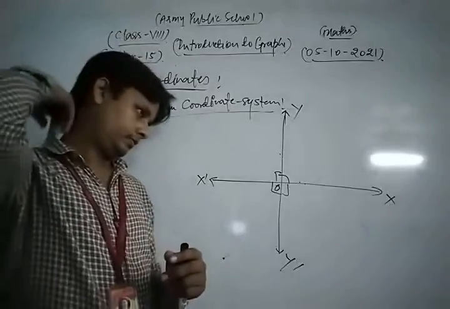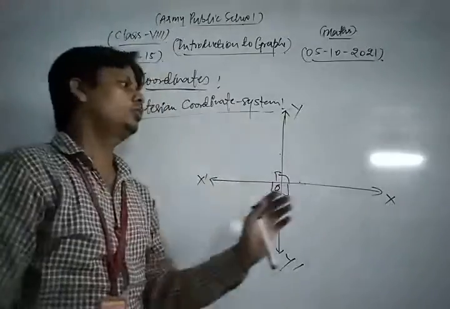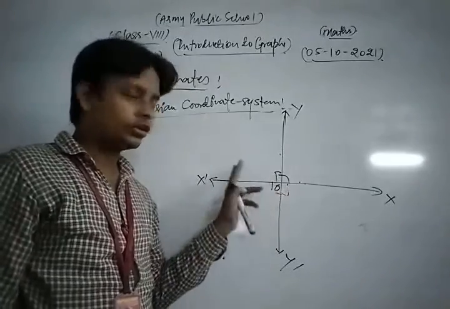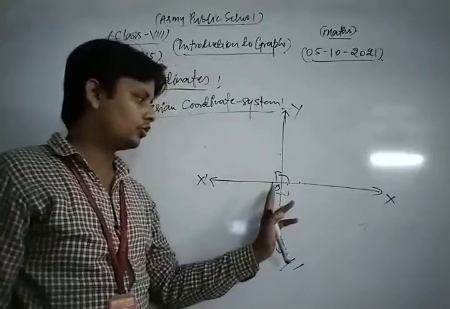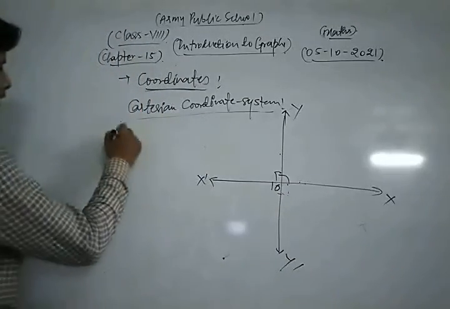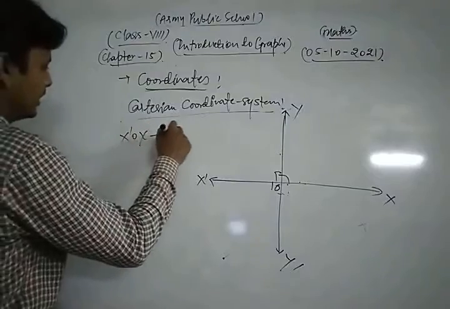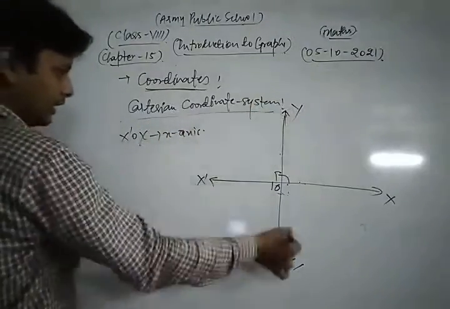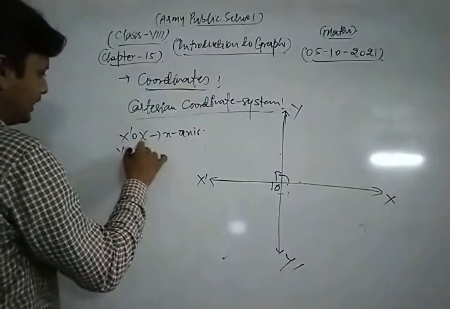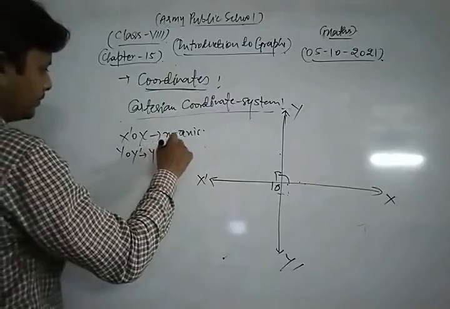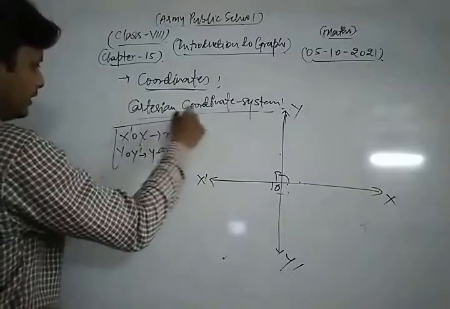Okay, now look. Dear friends, the horizontal line X'OX is called the x axis, and the vertical line YOY' is called the y axis.